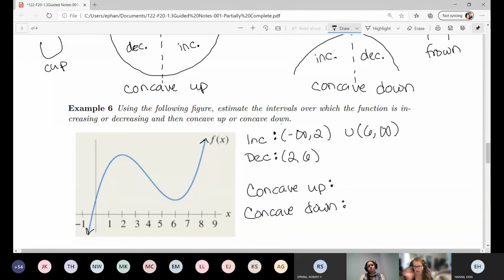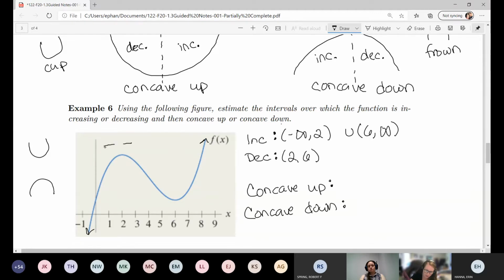In a couple chapters, we're going to have a kind of calculus-y algebraic way to find where it changes. But for right now, we're just kind of going to have to guess. But the way I like to go about these, especially if you're not used to doing these, I think one of the easiest things to try to do first is to locate pieces that look like this, that look like the concave up and concave down pieces.